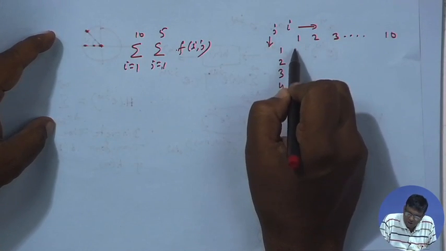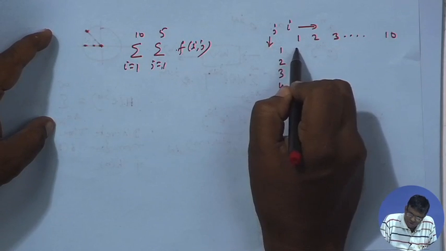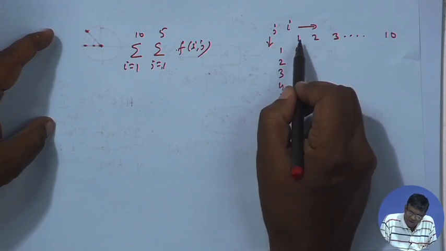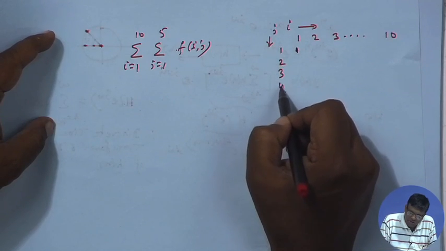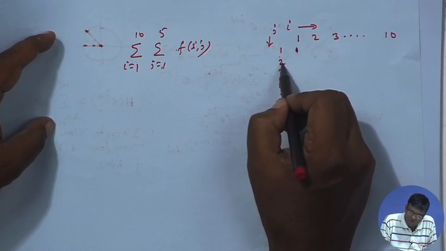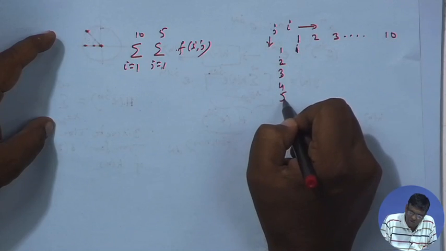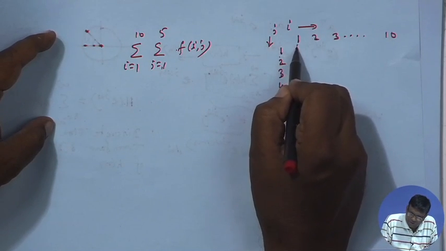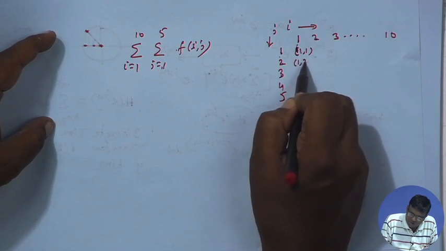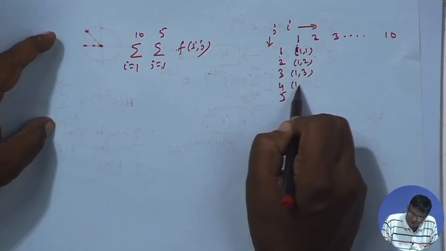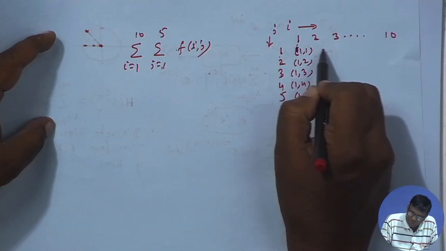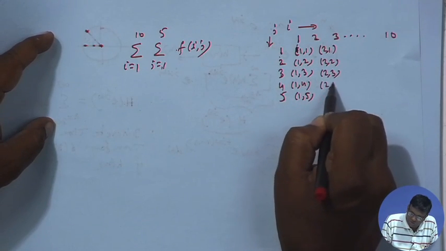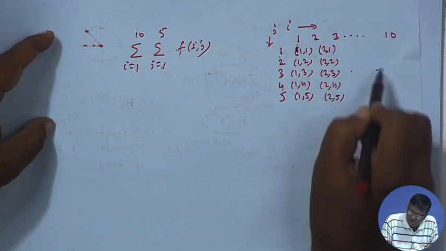Here you first pick up i equal to 1 and j varying: 1 comma 1, 1 comma 2, 1 comma 3, 1 comma 4, 1 comma 5, then 2 comma 1, 2 comma 2, 2 comma 3, 2 comma 4, 2 comma 5, and so on.